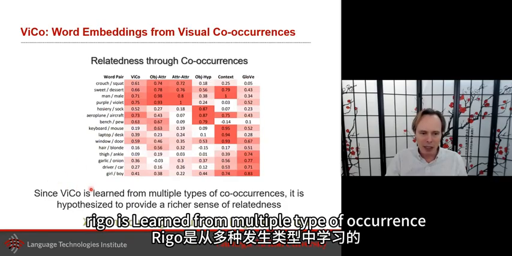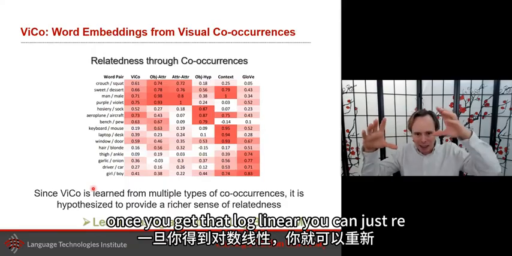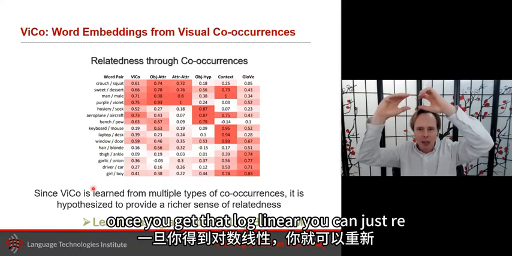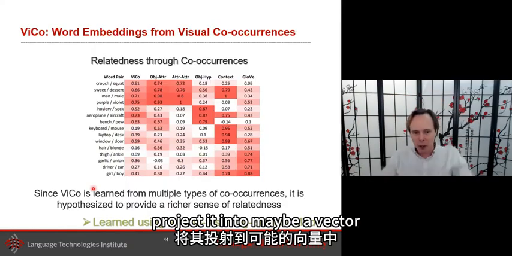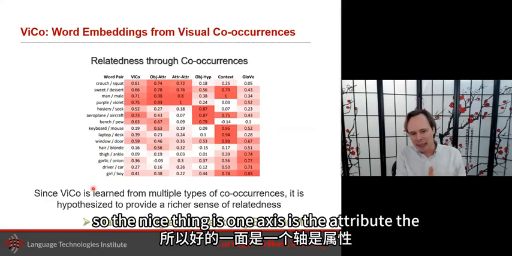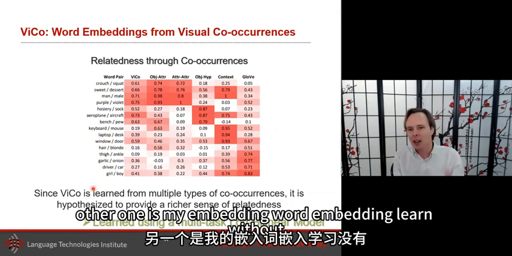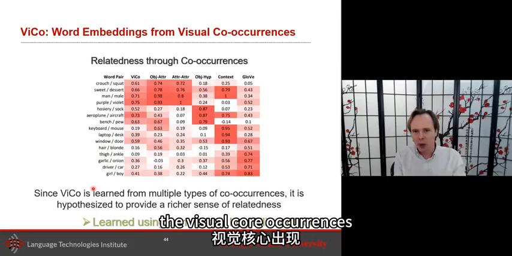Since this is learned from multiple types of co-occurrence, the hypothesis is that once you get that log linear, you can project it into maybe a vector after that. The nice thing is one axis is the attribute, the other is my word embedding learned without the visual co-occurrences.